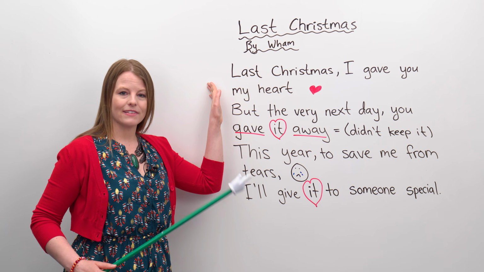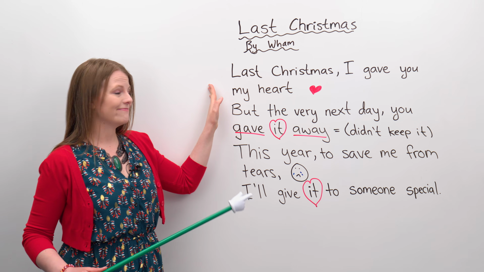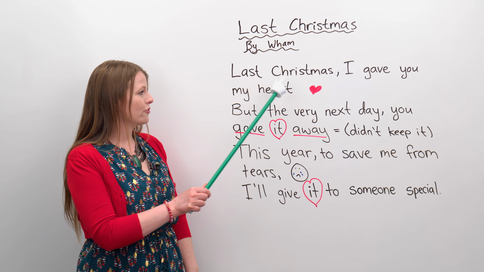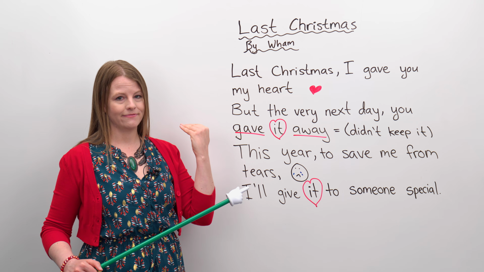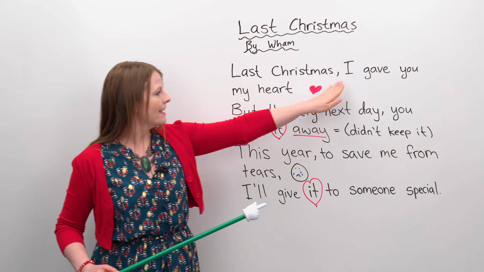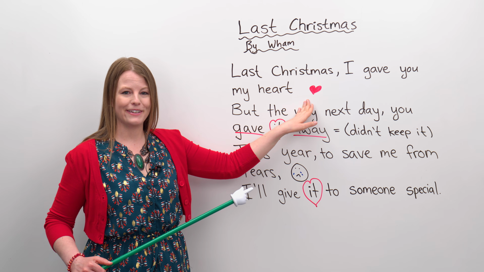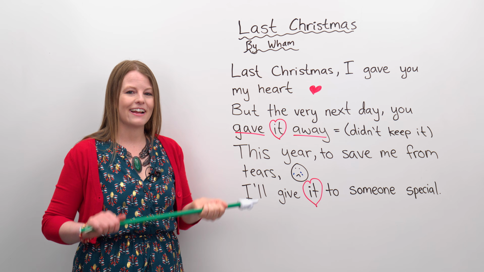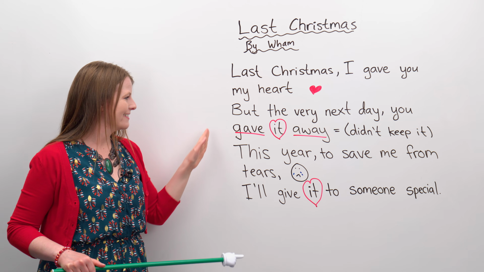So let's start and look at the lyrics, and then we will sing it. We have "Last Christmas," and so last refers to the year before. "Last Christmas, I gave you my heart." Oh, that's really sweet. So the singer gave his heart to someone. I wonder what happened.